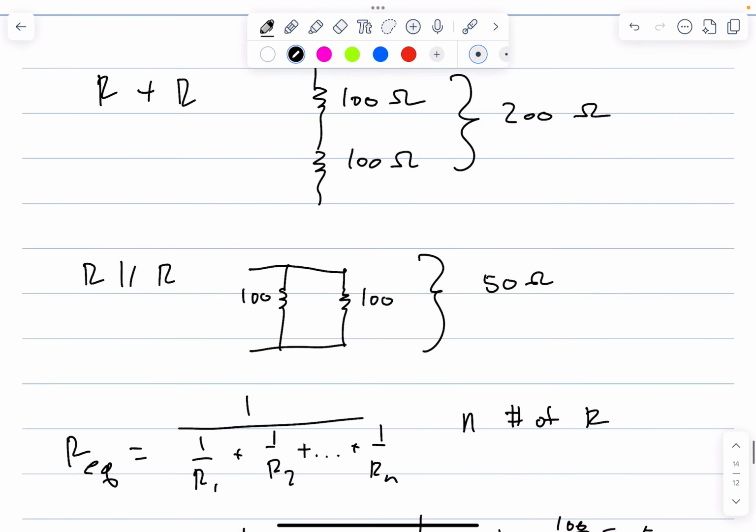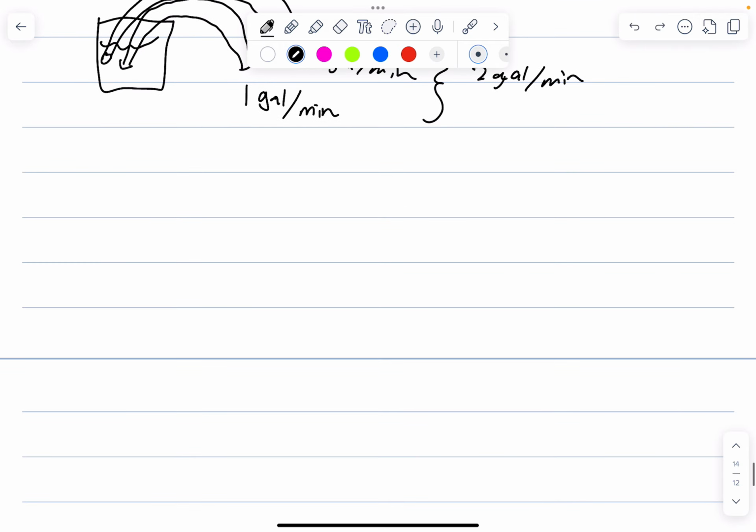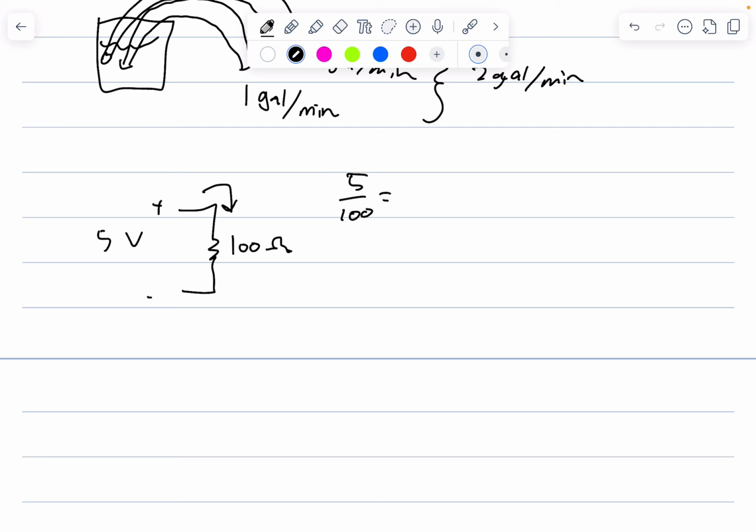So how much current is going through, if it's the same voltage? Say there's 5 volts and 100 ohms. How much current is flowing through here? It's 5 over 100, which is equal to 0.05, so that's 50 milliamps.